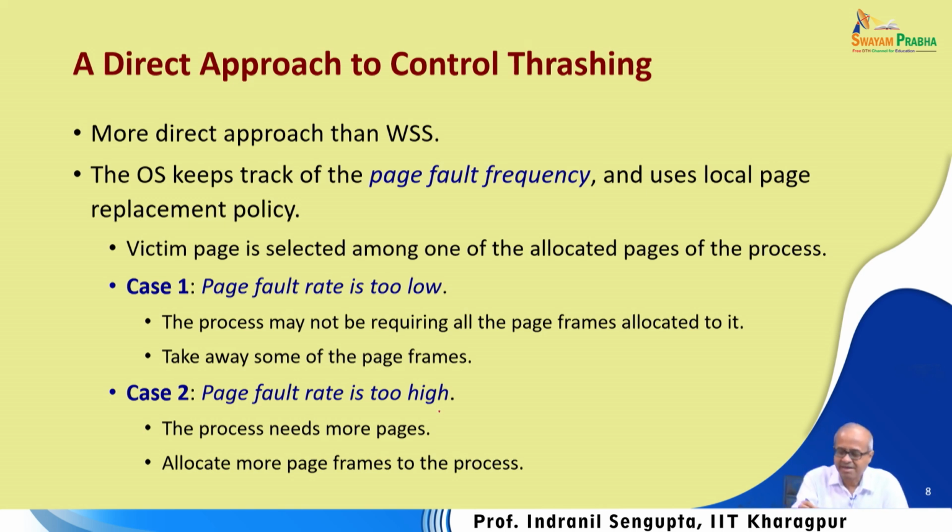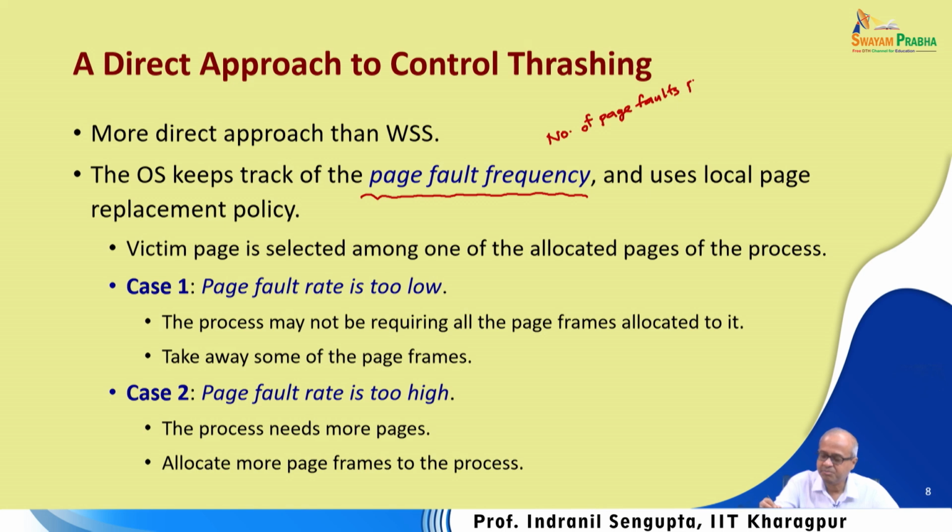The operating system can keep track of the page fault frequency. Page fault frequency means number of page faults per unit time. See, unit time can be any time unit. Let us say in every 1000 references, how many page faults are there? That can be the page fault frequency.